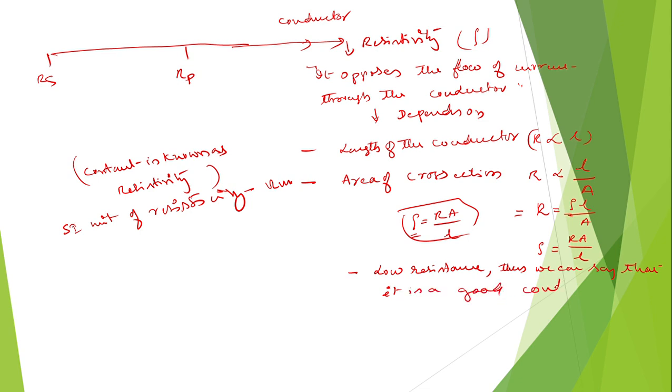Suppose a conductor has a high resistance, we can say that it is a bad conductor or insulator.